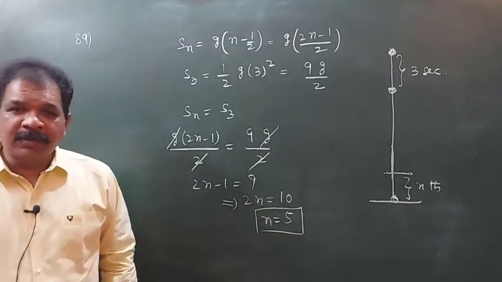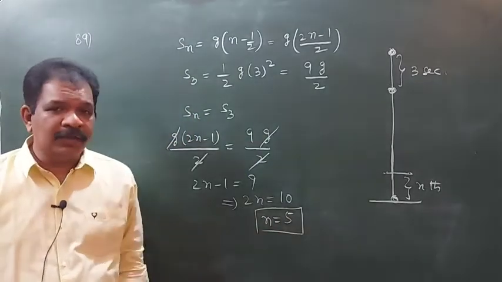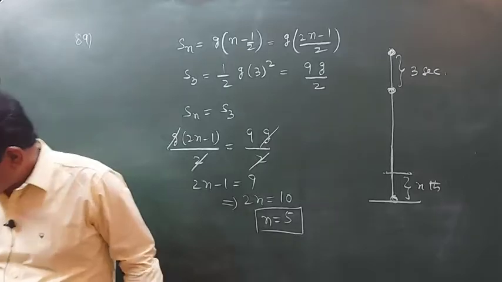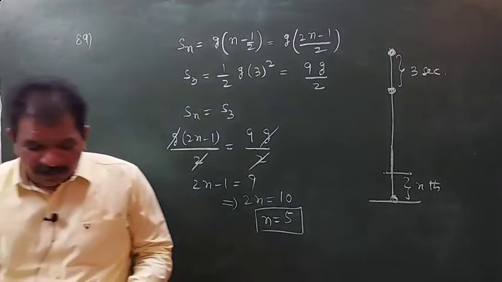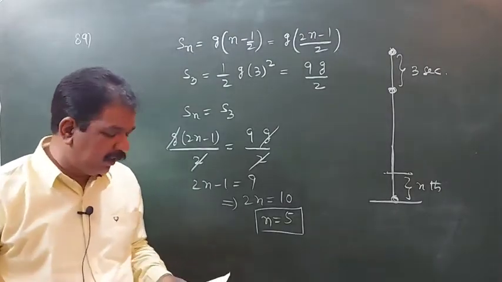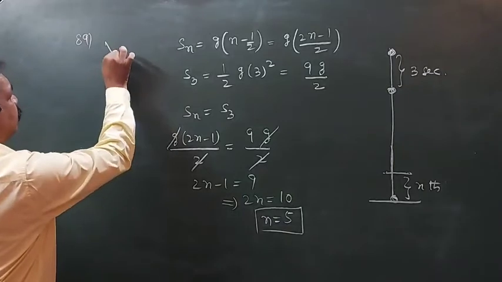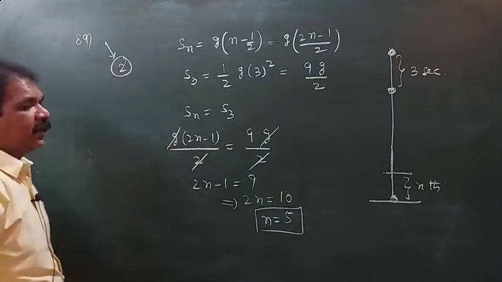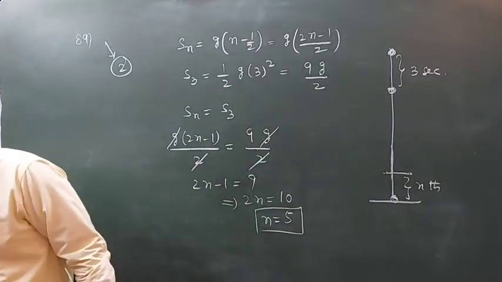So the time it will take to reach the ground is 5 seconds. So the option for 89 will be the second option. Clear? Next, 90.